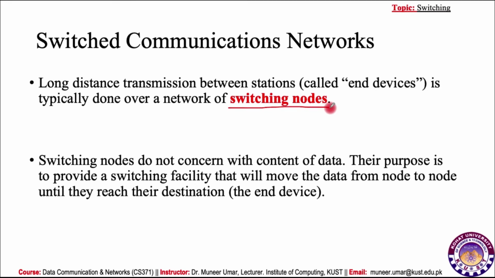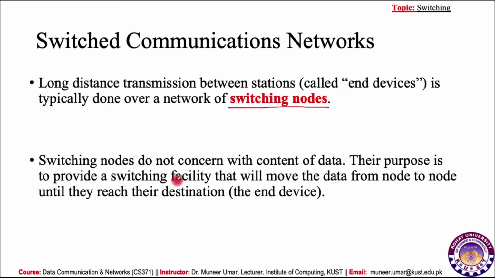So, whenever we connect two remote devices, there might be some intermediate devices for connectivity, and these devices can be switching nodes. For example, we have multiple devices communicating with each other, so there might be some switching nodes in between those devices for switching the traffic from the source to destination nodes.